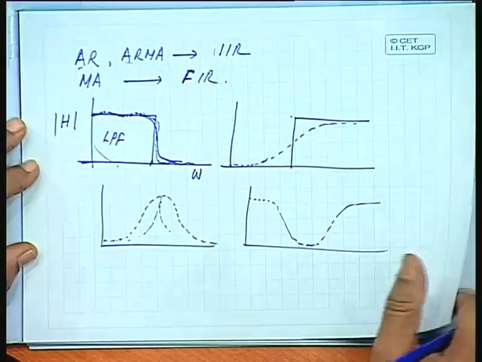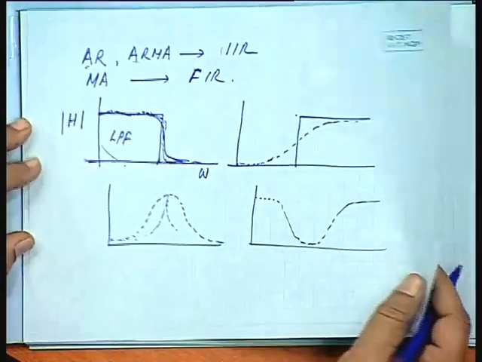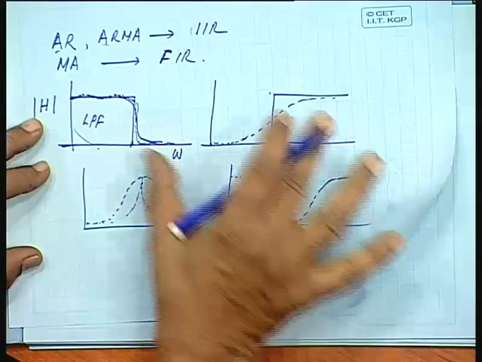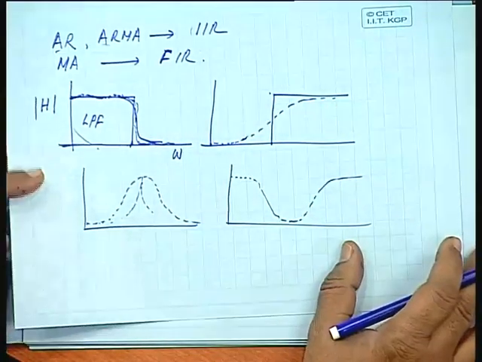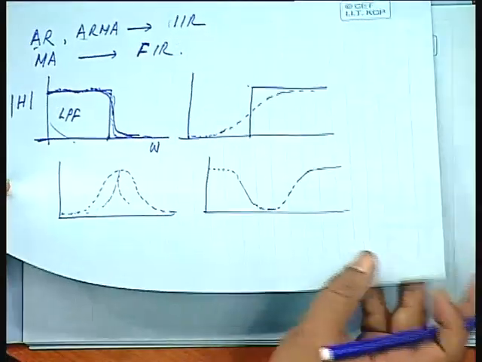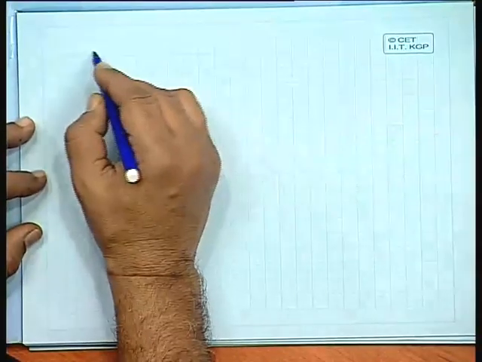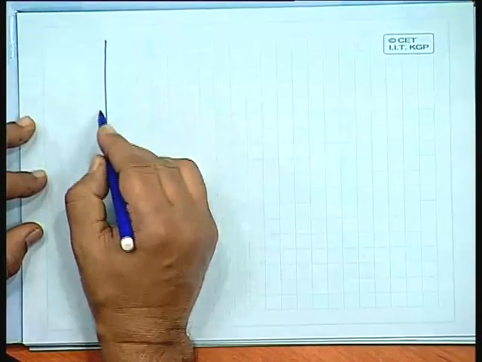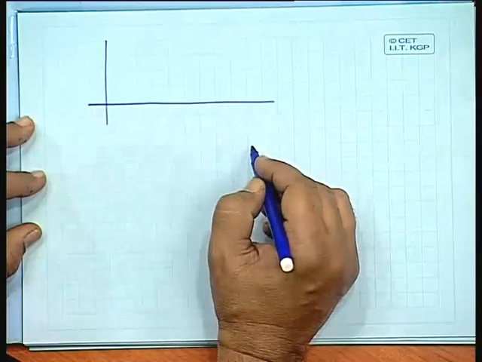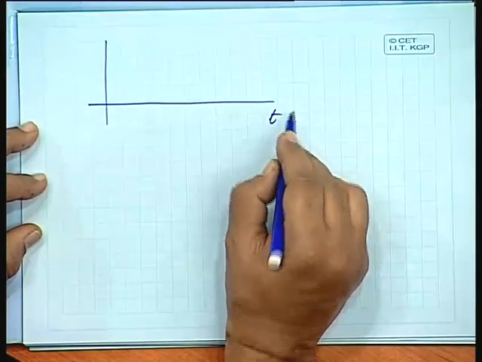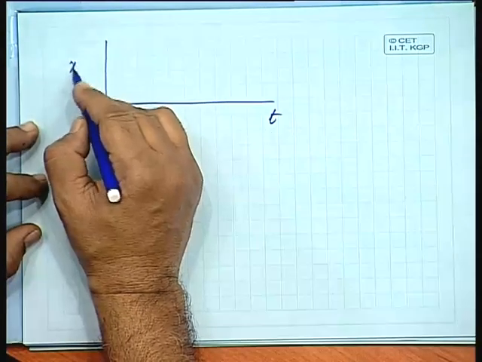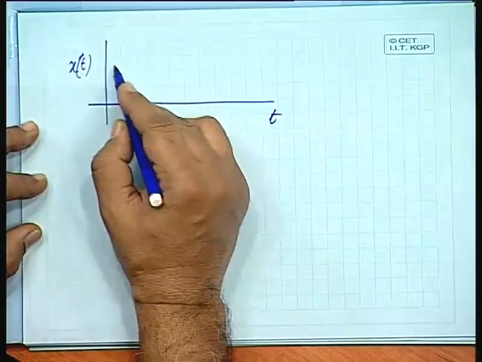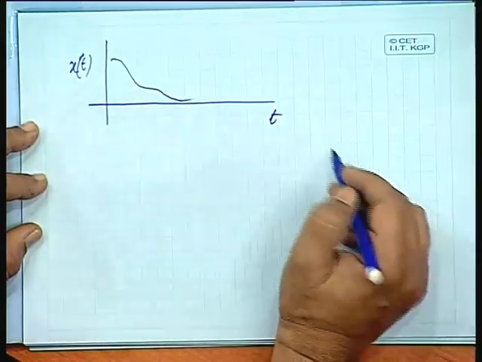Now, let us see. So far we are not really discussing the phase, we will discuss in detail at a later stage. Just one characteristic I would like to mention here. In a continuous system, suppose you are having an input like this.